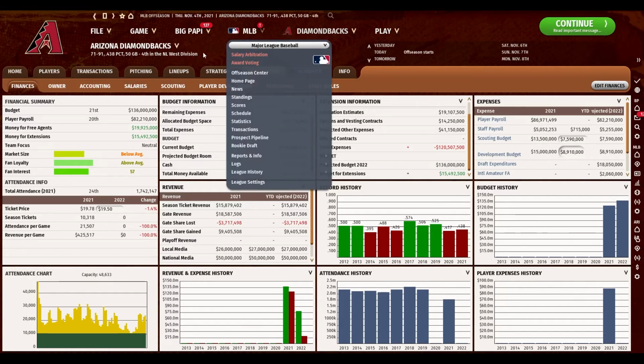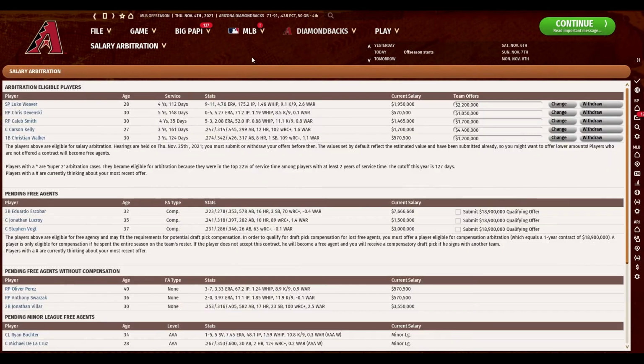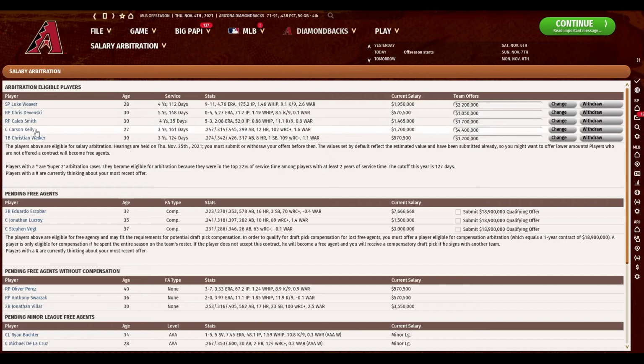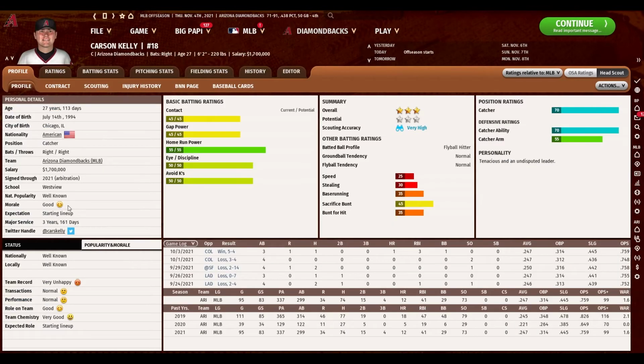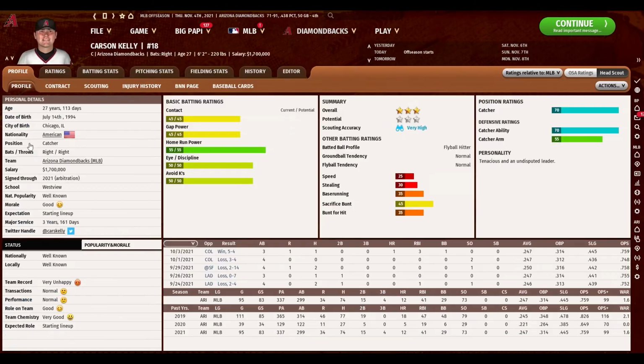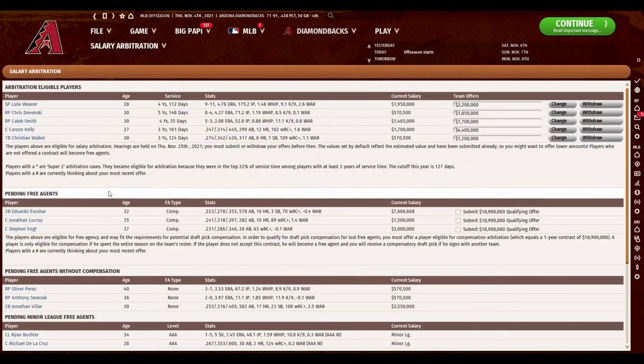From here, what I like to do is, when we go to arbitration, I always sign players to contracts. The players that I want to sign, I always make sure I sign them to contracts prior to salary arbitration. Like someone such as Carson Kelly, who's well known, we know we're going to bring Carson Kelly back, right?